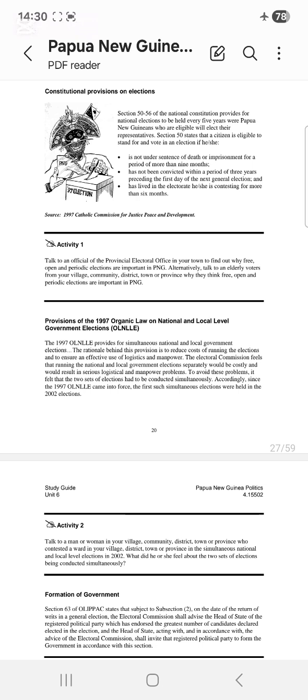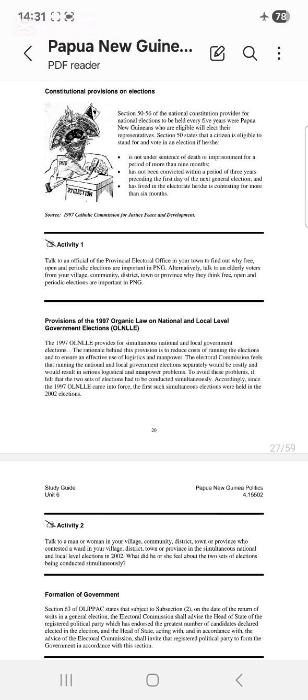And I'll read. The 1997 Organic Law on national and local level election provides for simultaneous national and local government election. We have not been abiding by this Organic Law of 1997.